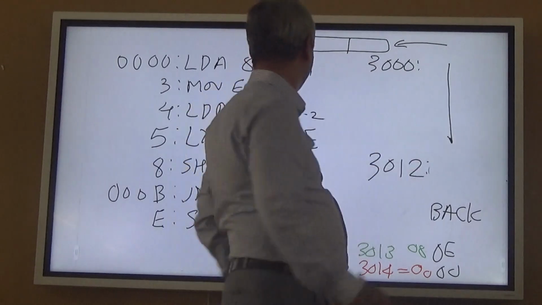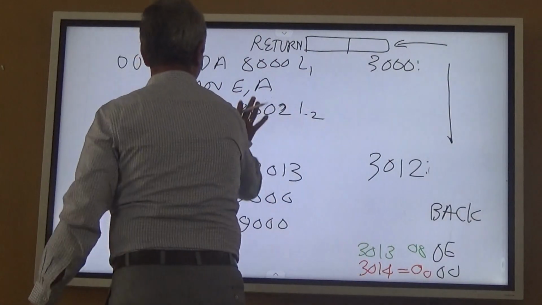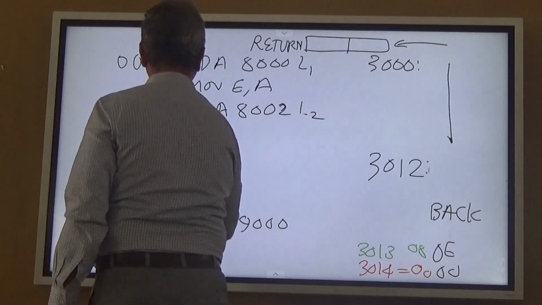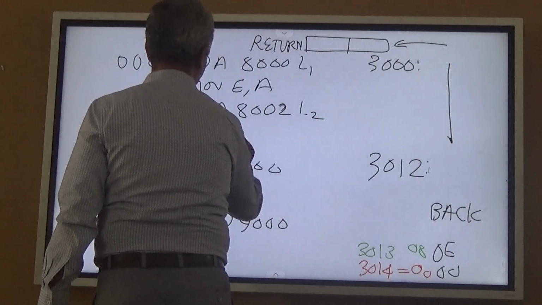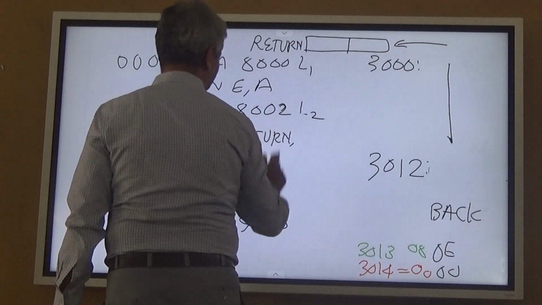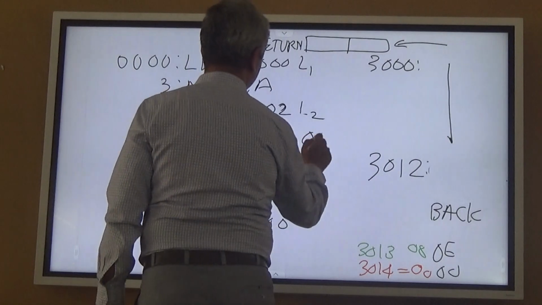So what I will do, here this is not required. LXI return, it is hypothetical. LXI return 000B.